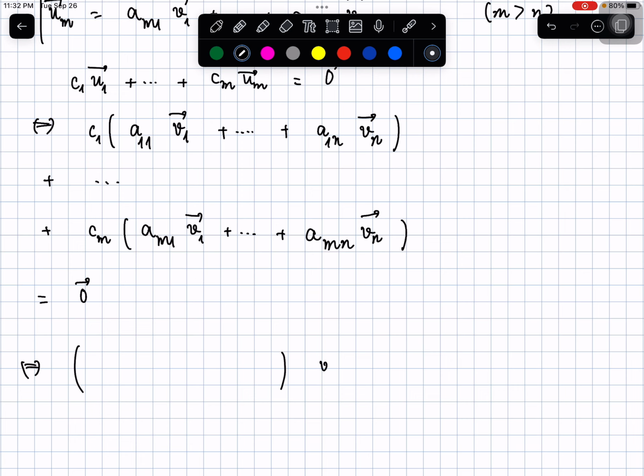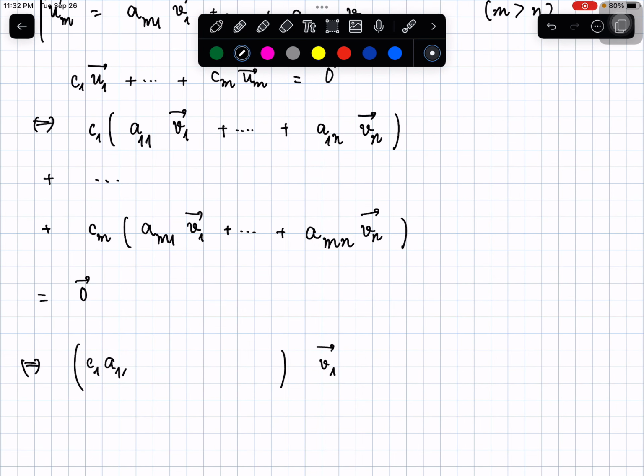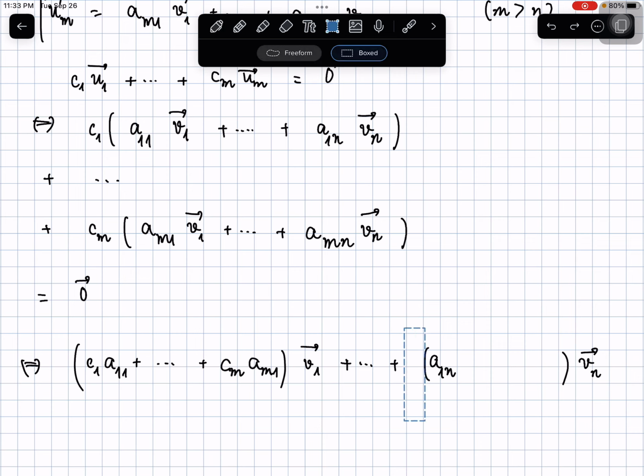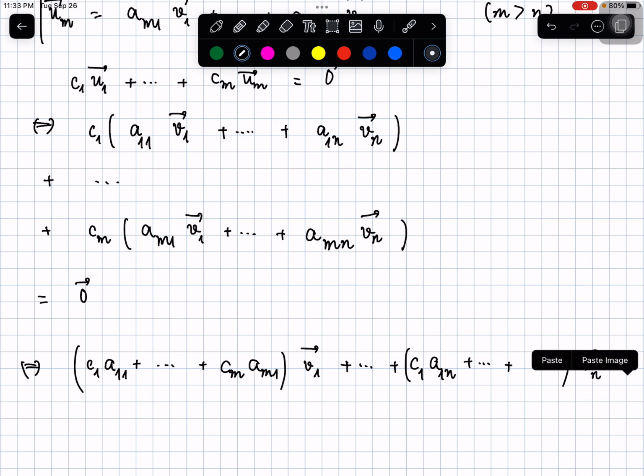What is the coefficient of v1? It is c1 a11 plus c2 a21 plus ... plus cm am1, times v1, plus ... plus the last term for vn. So the coefficient of vn is c1 a1n plus c2 a2n plus ... plus cm amn. This one is equal to vector 0.